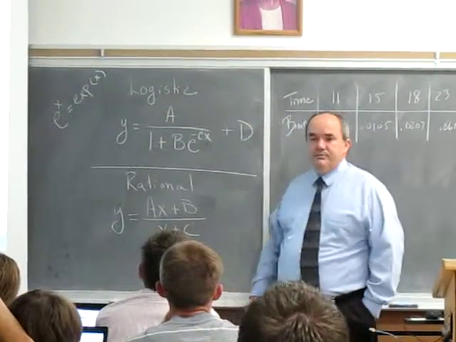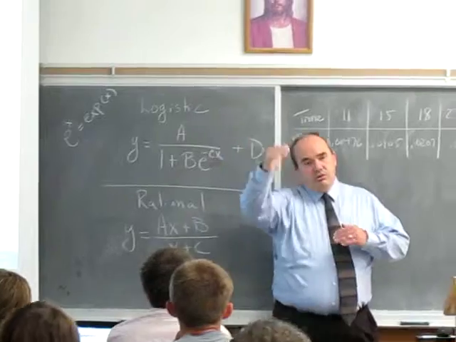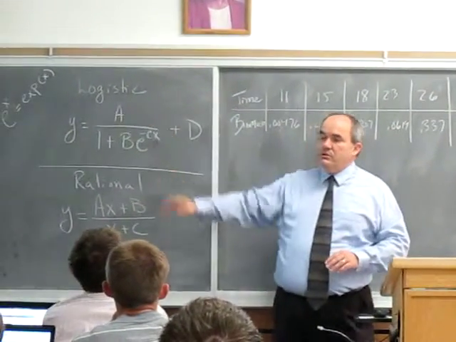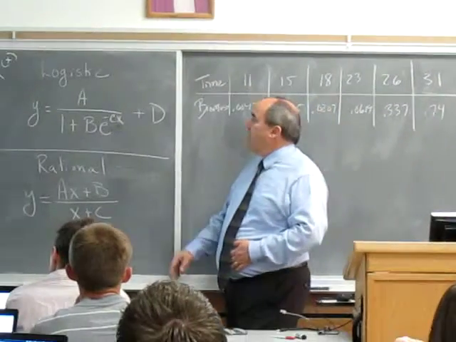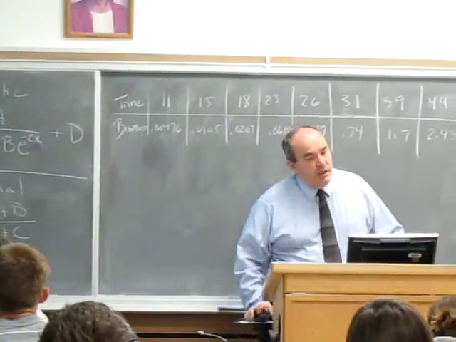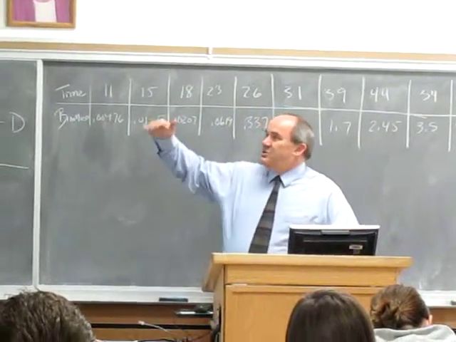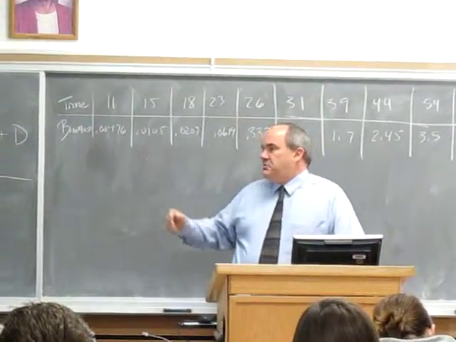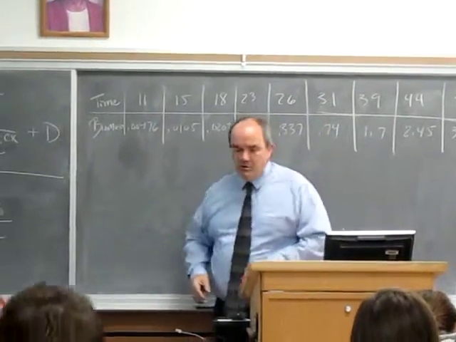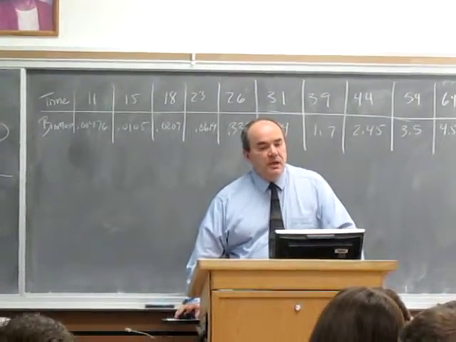A plus d. So I have two horizontal asymptotes. One that I get close to as I go off to negative infinity, one I get close to as I go off to positive infinity. So we have a function that has two horizontal asymptotes, and that matches the very broad level of biology that we've taken looking at this.